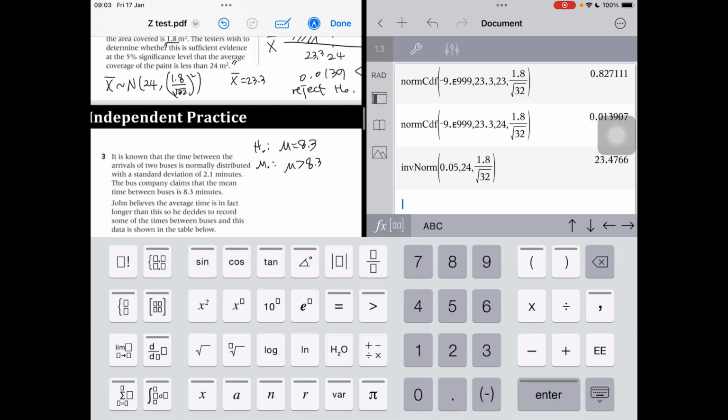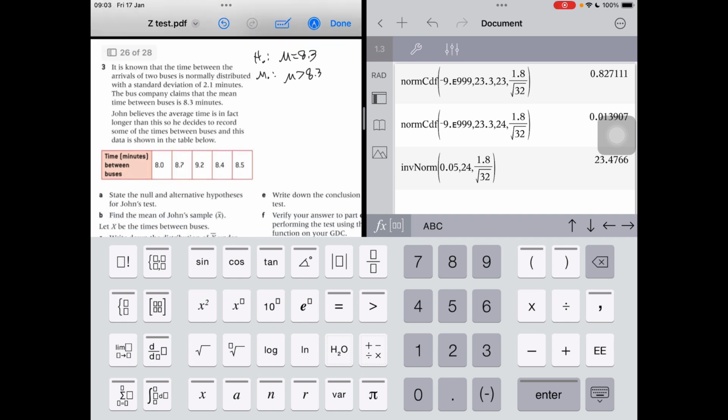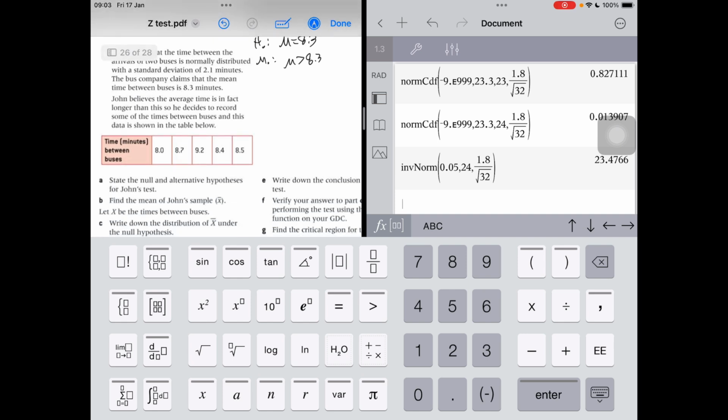So let me put those data in again. We need this bracket: 8.0, 8.7, 9.2, 8.4, 8.5.